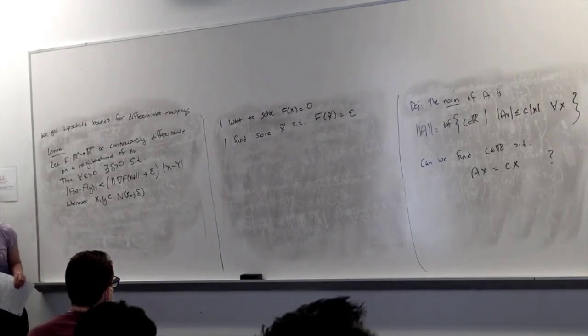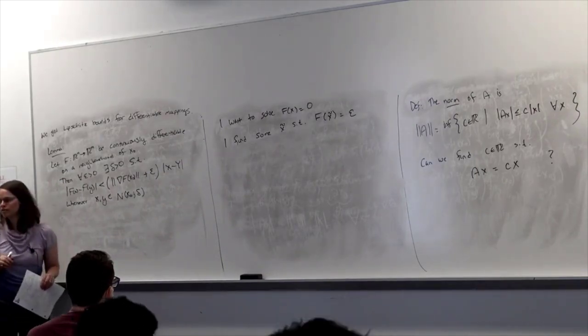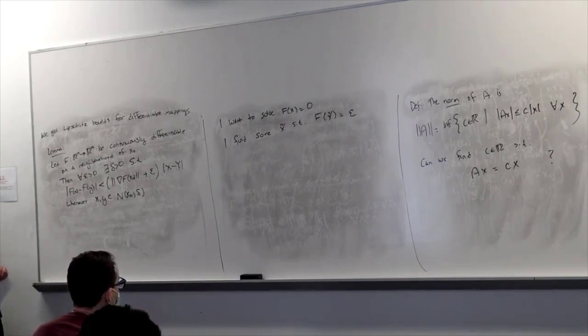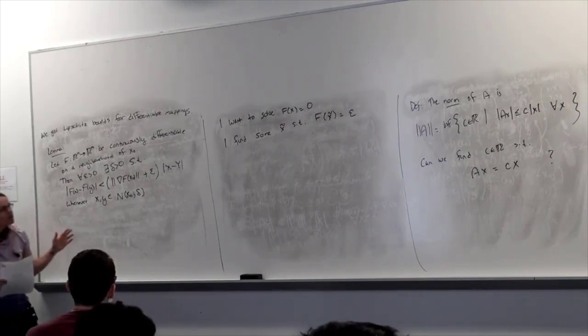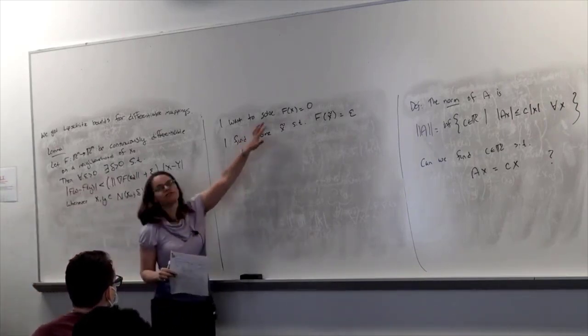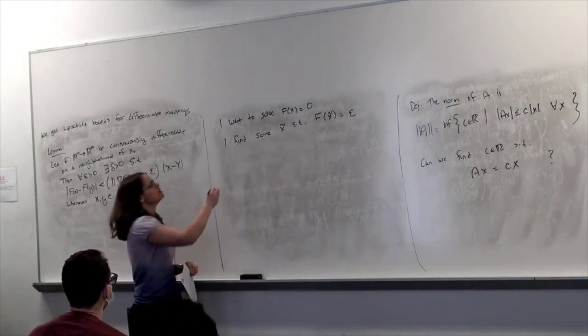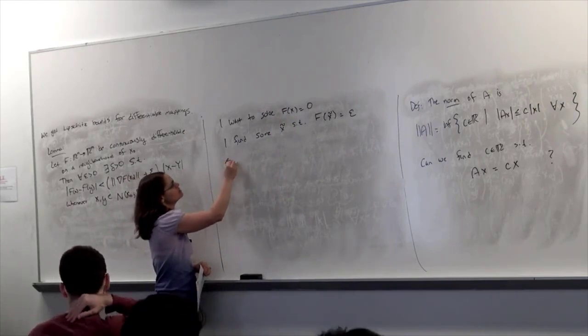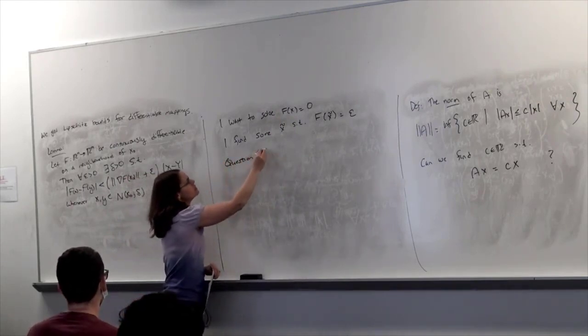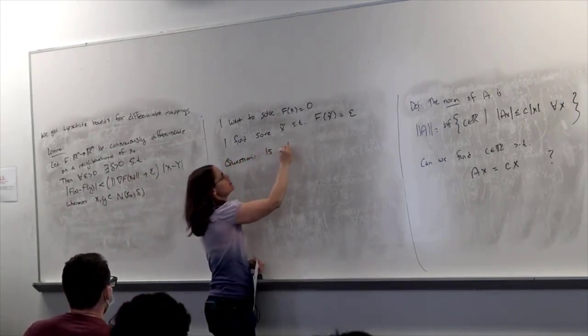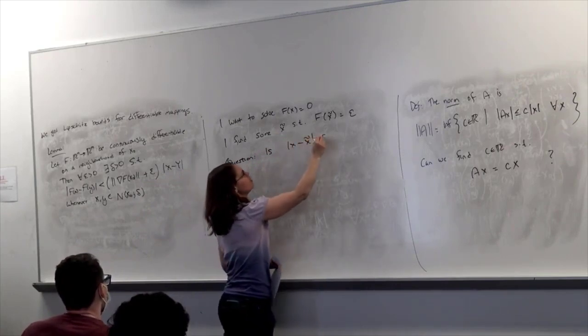So the question I have is, it seems like I've gotten really close here. Given that my f value is very close to 0, does that mean my x tilde is actually really close to the solution? So my question is, is x minus x tilde small?